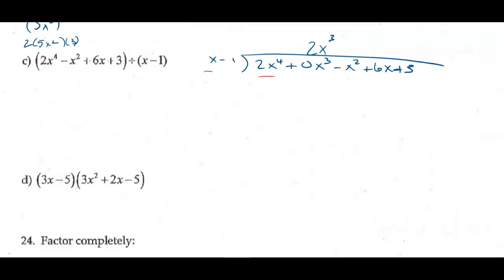All right, multiply it out. 2x cubed times x gives me 2x to the 4th. 2x cubed times minus 1 makes that negative 2x cubed. And then don't forget, we are subtracting.